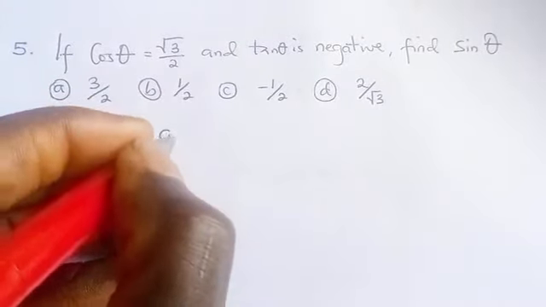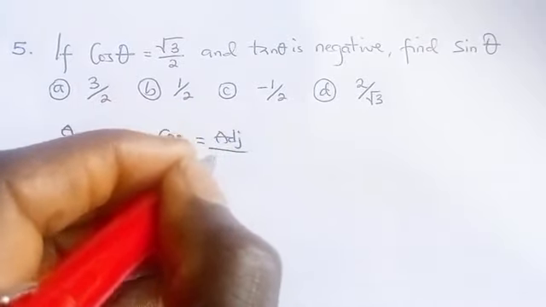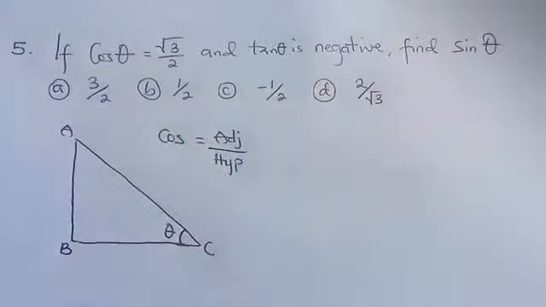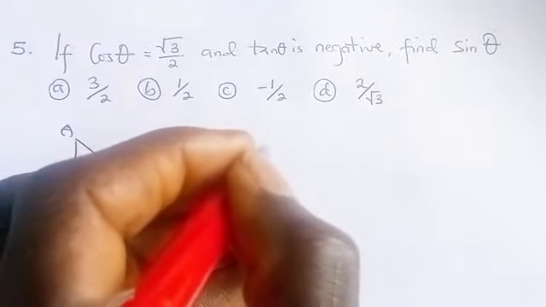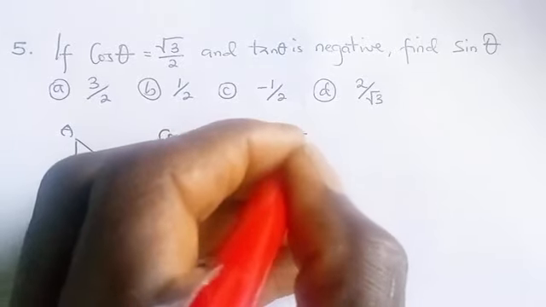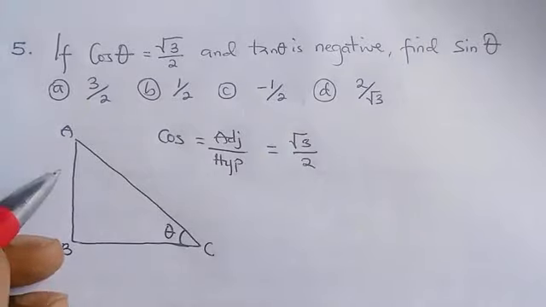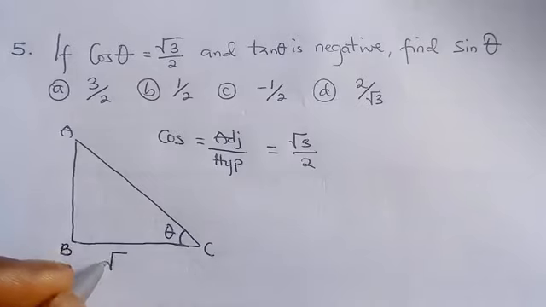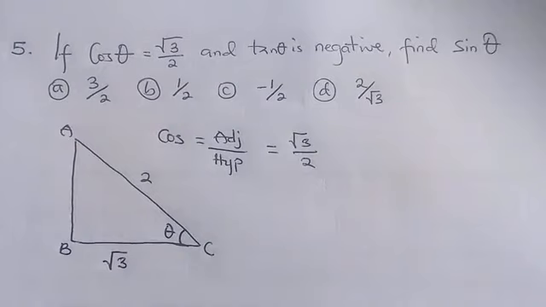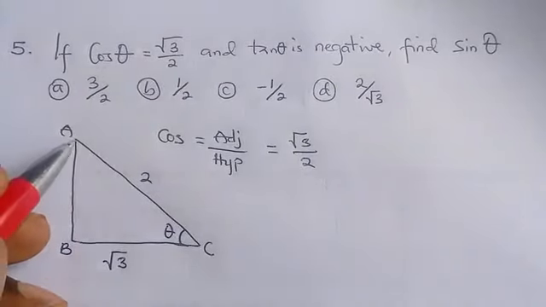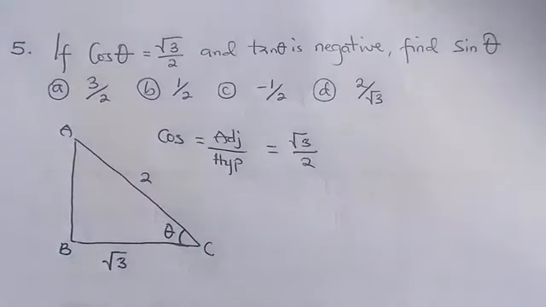The cosine of an angle is equal to adjacent over the hypotenuse. So cos theta, we are given as root 3 over 2. Transferring that information to this right angle triangle, our adjacent here will be root 3, while our hypotenuse will be 2. We are going to look for side AB before we can proceed to find sine theta.